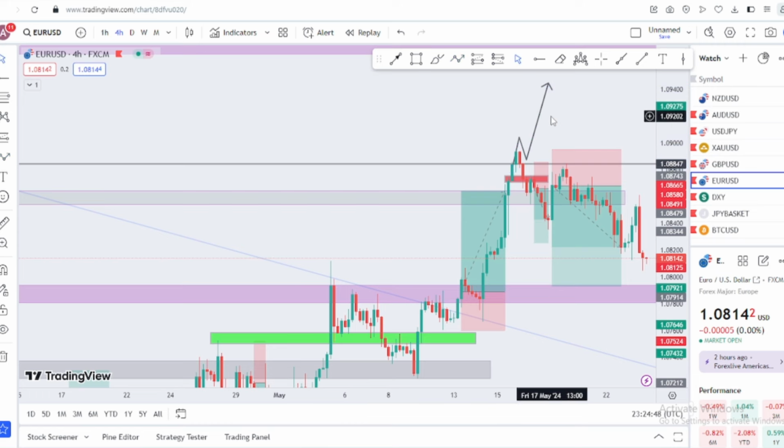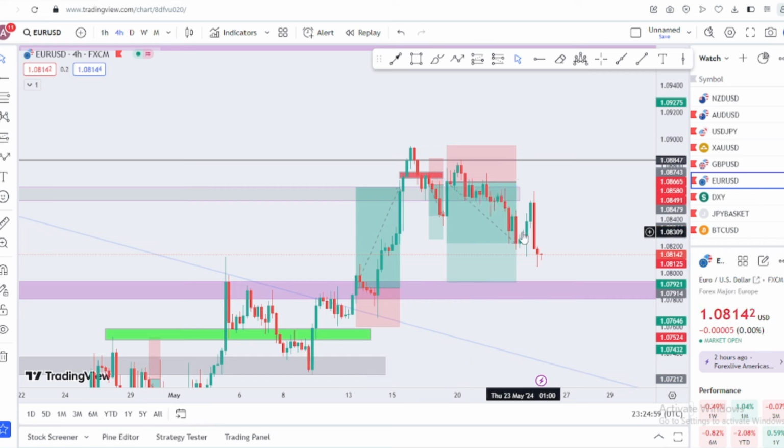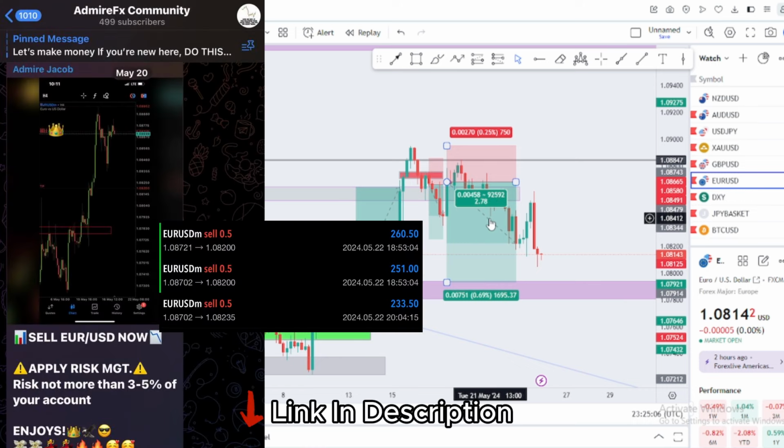Since I'm not seeing that happen on that zone, what I rather looked for was a reversal on that zone, which we banked almost 80 to 100 pips to the downside, and the signals were sent to our free telegram community. If you're not on our free telegram community, please click on the link in the description below to join.